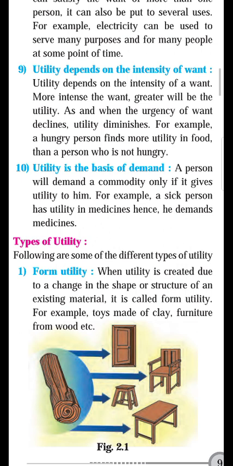If the student does not need a pen, he will not demand a pen. If the pen does not give any utility to the student, then the student will not demand the pen. If the student has a utility for the pen to write something, then only will the student demand the pen from the stationery shop.